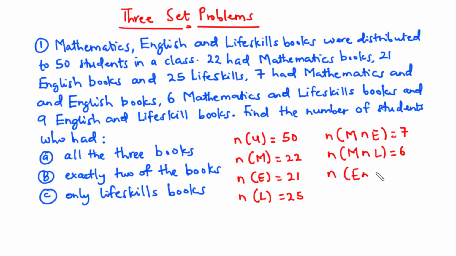Now let the number of students who had all the 3 books be X. So mathematics intersection English intersection life skill is X.